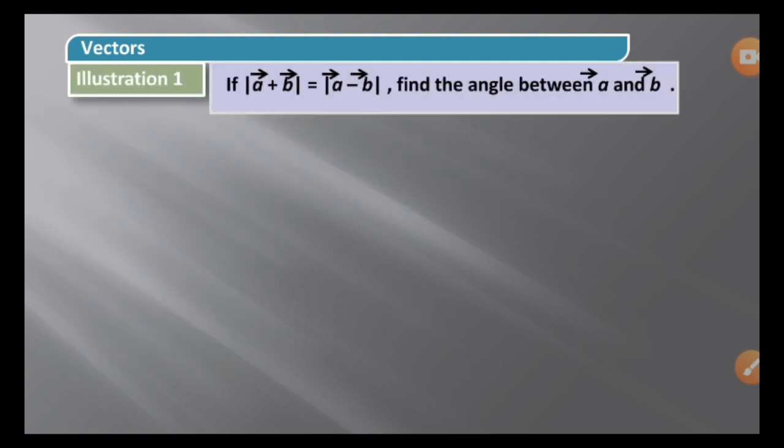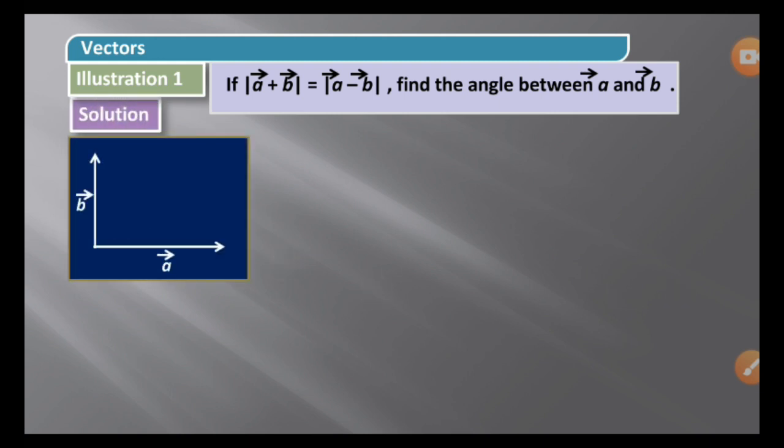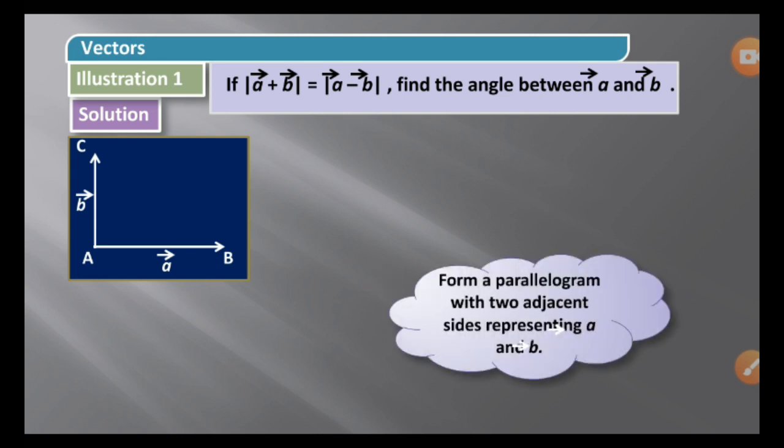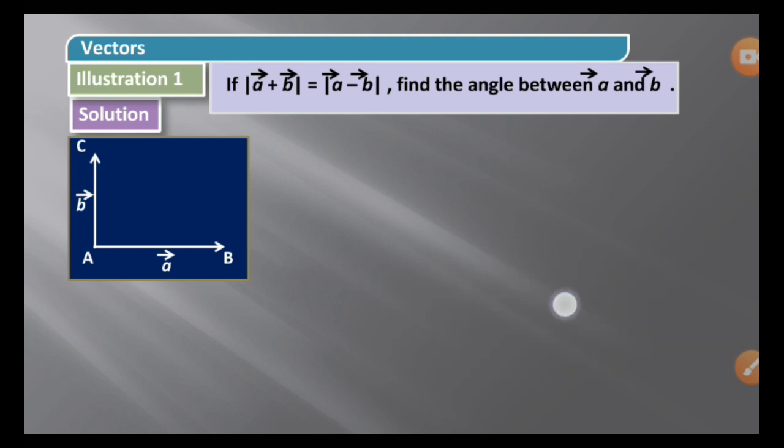Now, illustration number 1. Here we have to solve this illustration. If the magnitude of A plus B is equal to the magnitude of A minus B, find the angle between A and B. Dear students, consider two vectors A and B, meaning the AB vector as small a vector and the AC vector as small b vector, forming a parallelogram with two adjacent sides representing A and B vectors.